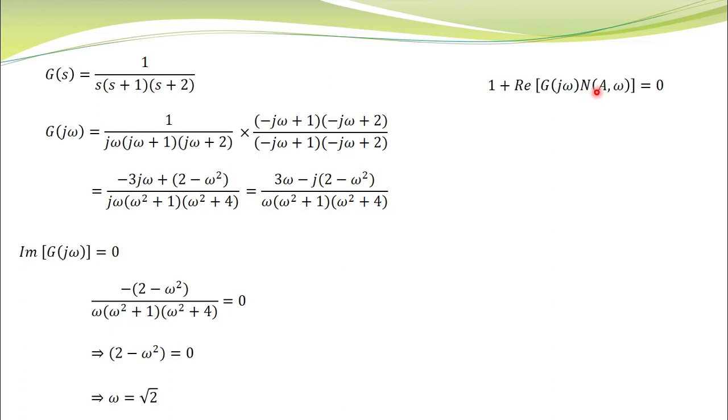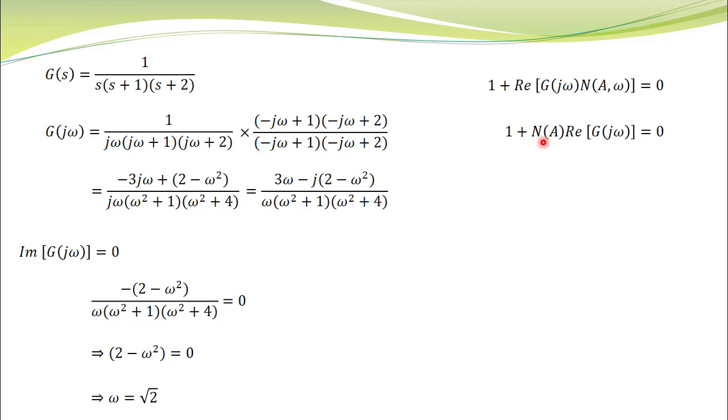We know that both of the nonlinearities are single valued nonlinearities, and therefore this NA of omega, that in both cases is basically a function of amplitude only, and that is also real. So we can also take this thing outside.